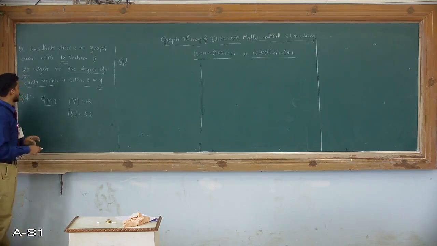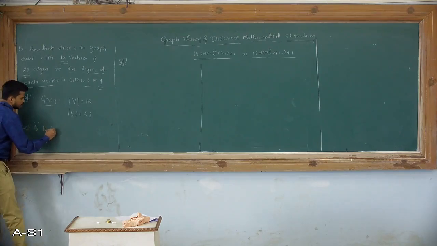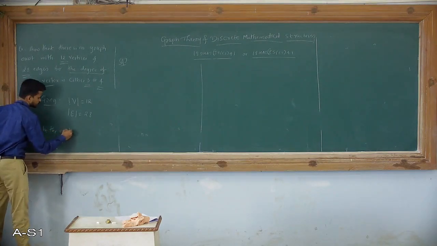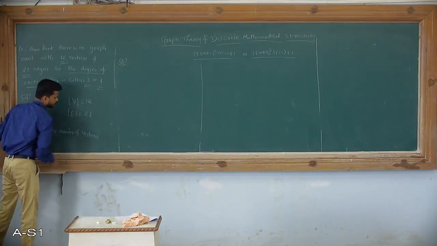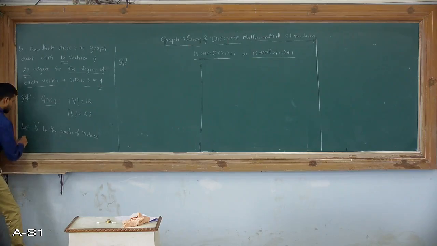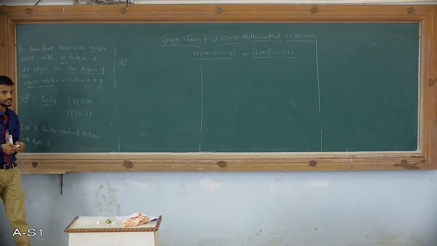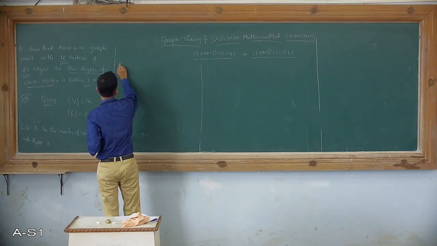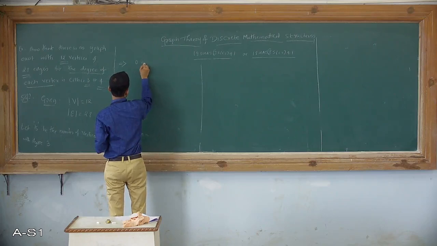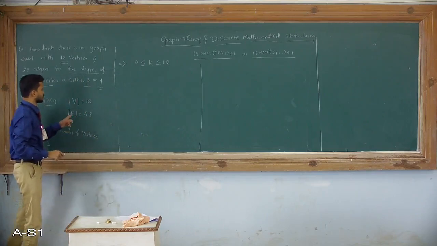What I will do is let K be the number of vertices with degree 3. Therefore, if K vertices are there, the degree of each of those K vertices is 3, which implies K lies between 0 and 12, because the cardinality of the vertex set is 12.